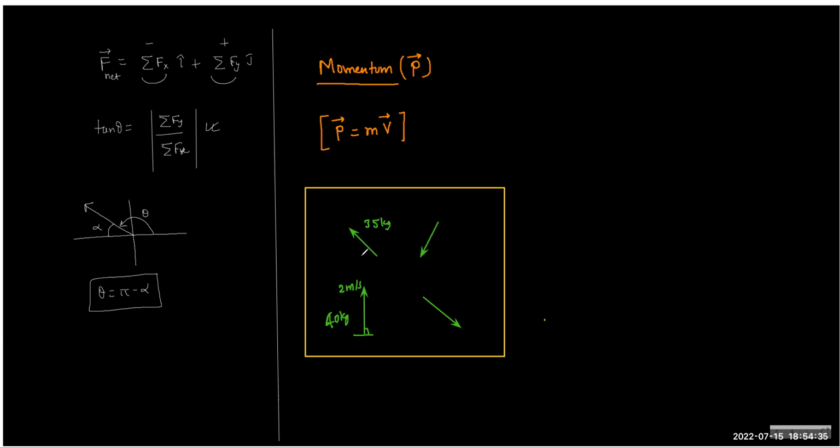And this makes an angle of, let's say, 60 degree. And velocity is, let's say, 3 meter per second. And this guy is moving, let's say 30 degree. Mass is 45 kg. And moving with velocity 4 meter per second, quite faster.